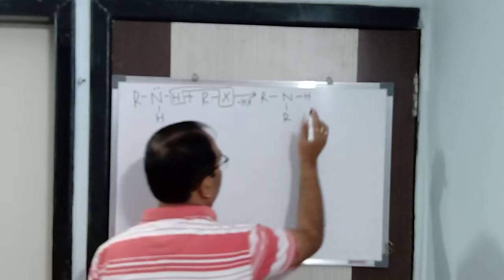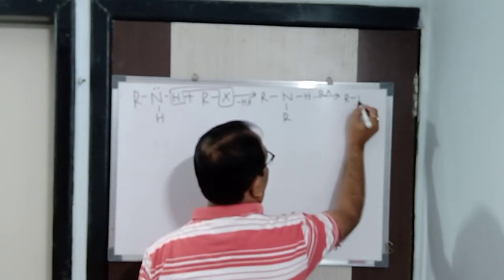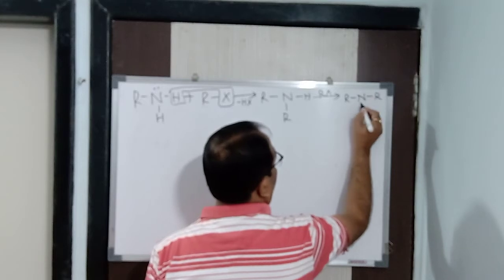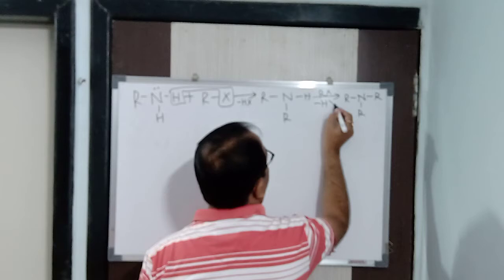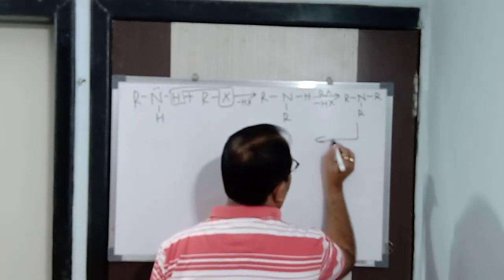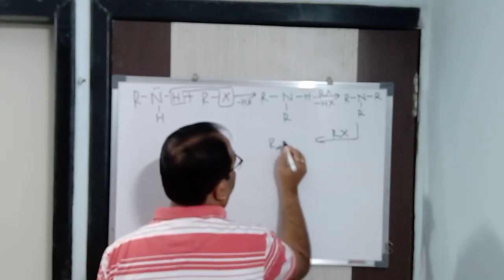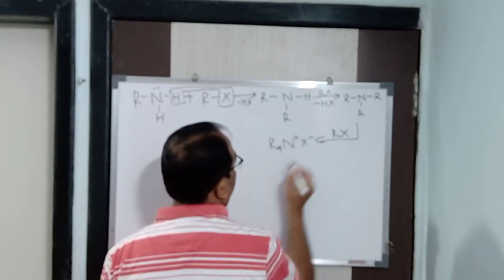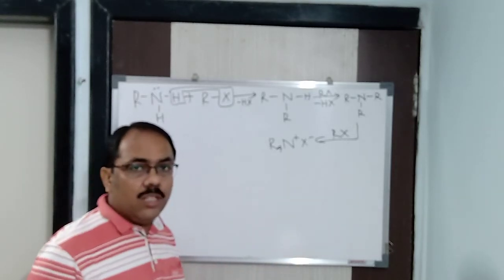And again it reacts with RX. It will be forming RNR, okay, and here it is HX. Clear? Again it is going to react with RX to form R4N+ X-. So in this way, exhaustive alkylation takes place.